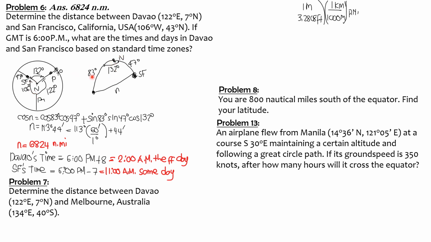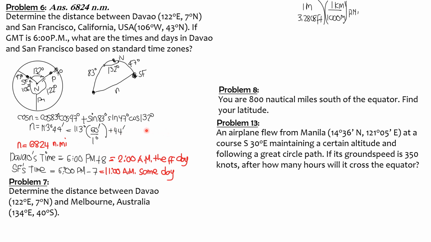So given two sides and the angle between the sides, we again use the cosine law for the sides to solve for n. Cosine of n equals cosine 83 cosine 47 plus sine 83 sine 47 cosine of angle 132 degrees. Solving for n, 113 degrees 44 minutes. Converting this to minutes, 113 degrees times 60 minutes per degree plus 44, and that is in minutes.